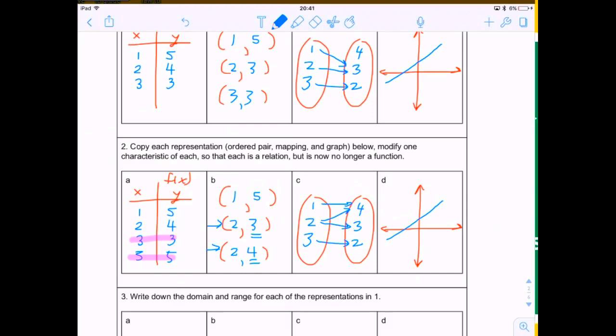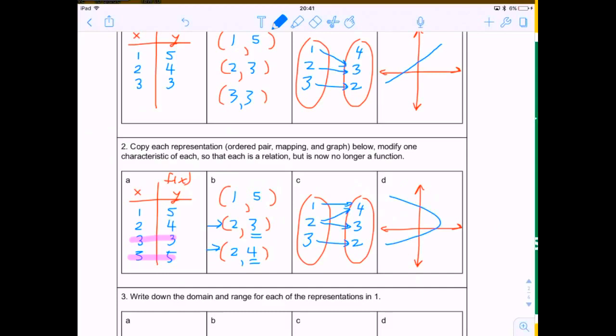And for D, instead of having this nice line here, I could draw, for example, a vertical line, or I could draw a curve that kind of doubles back on itself, so I could have like that, okay?